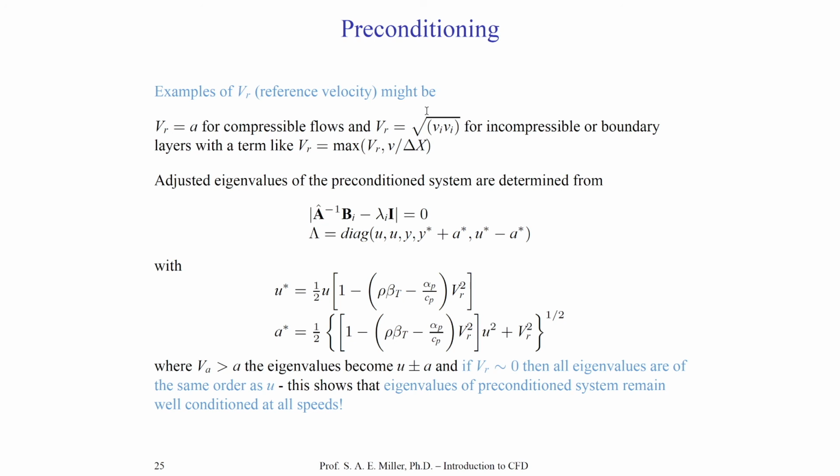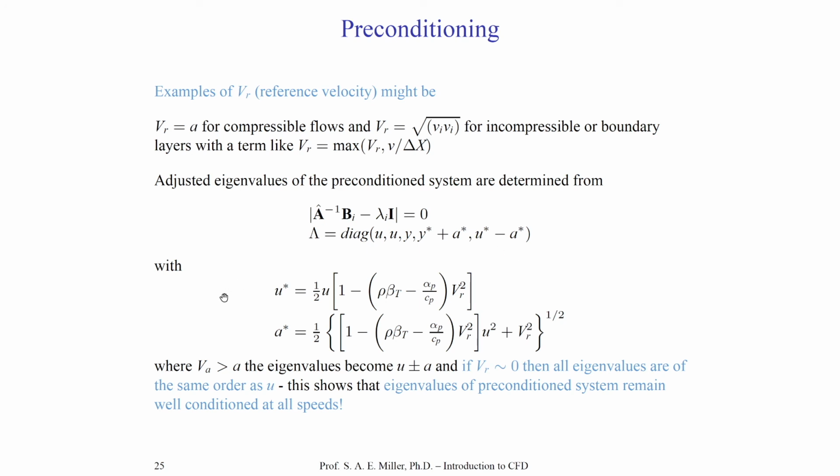That shouldn't be too much of a problem, a single reference velocity for the flow. We can try and adjust the eigenvalues of the preconditioned system, and their adjustments will be done through, of course, the eigenvalue definition with A, and we'll write now that capital lambda goes as the diagonal of u', u' plus the speed of sound', u' minus the speed of sound'.